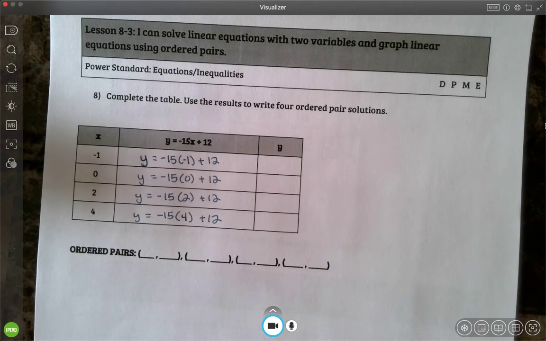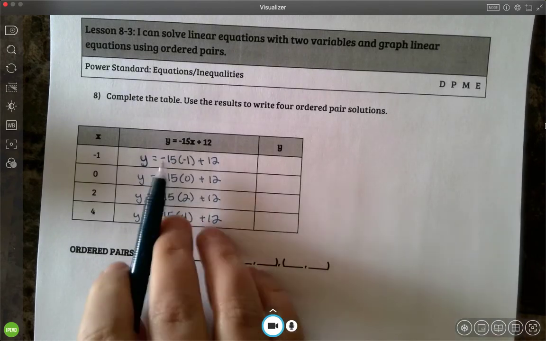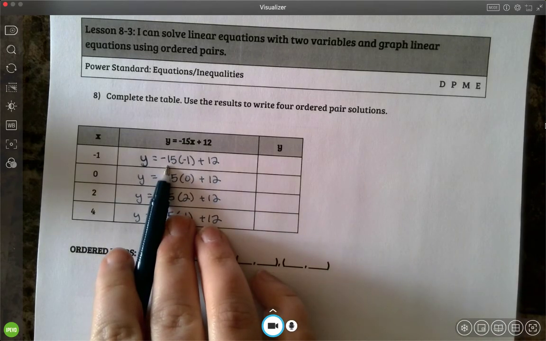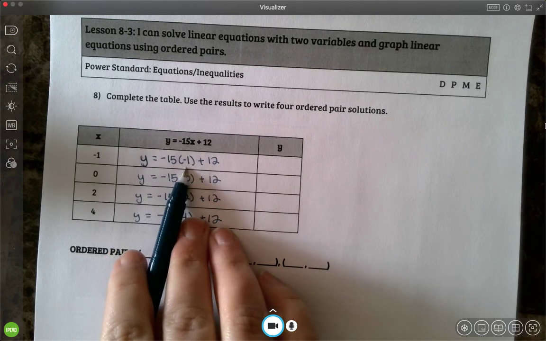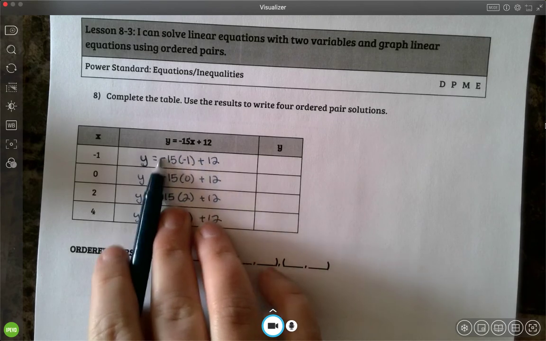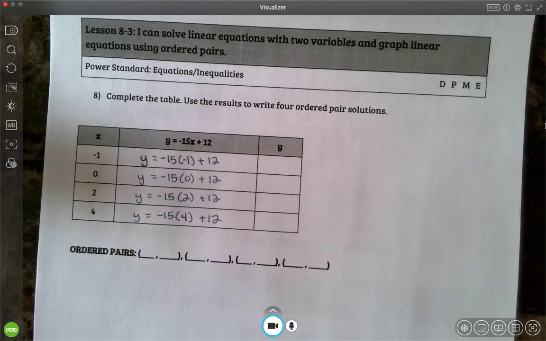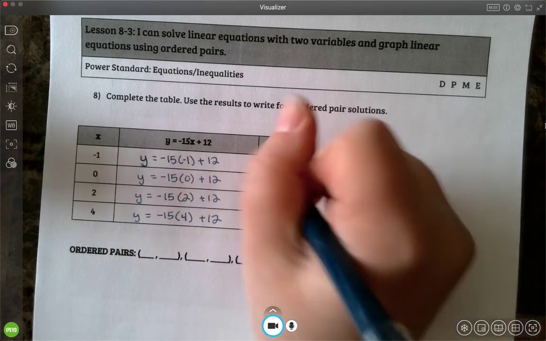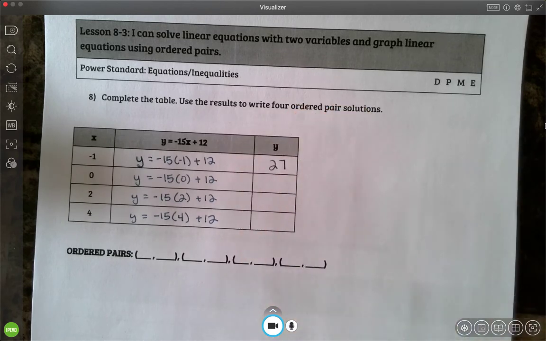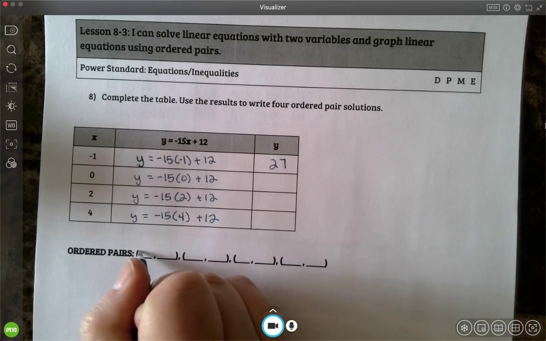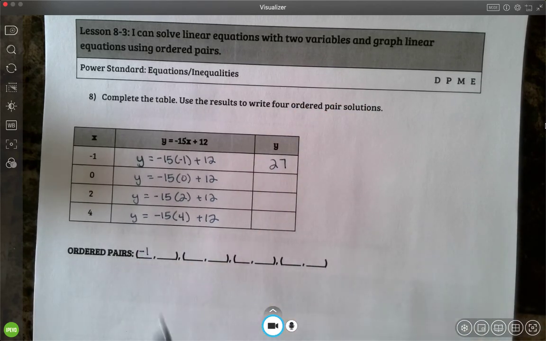Now, negative 15 times negative 1 is a positive 15. Positive 15 plus 12 is 27. So that means my first ordered pair, when I plugged in the negative 1 for x, I got 27 for y.